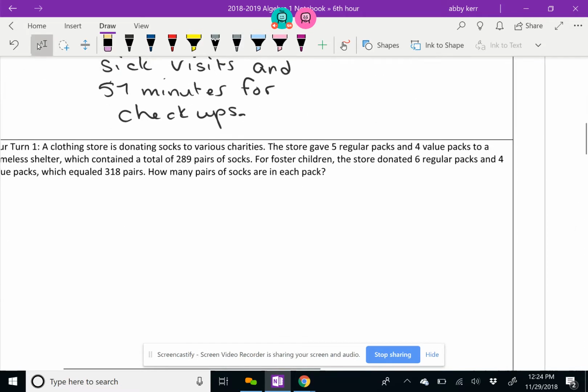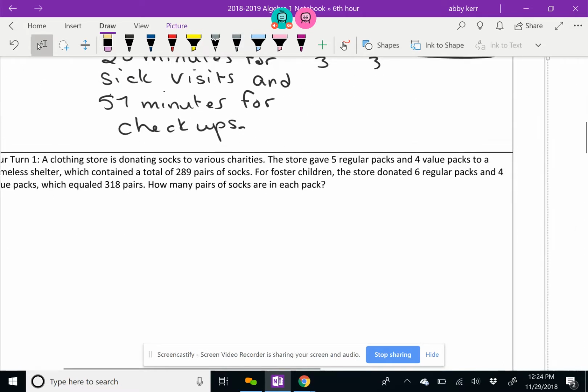Now your turn 1 says a clothing store is donating socks to various charity. So the store gave 5 regular packs of socks, 4 value packs to a shelter, and it contained 289. So we're going to make a shelter equation.